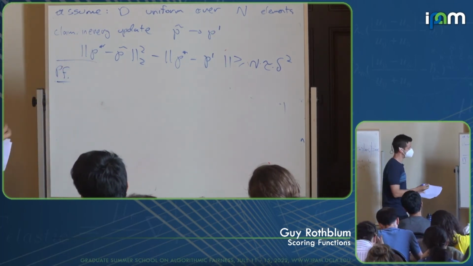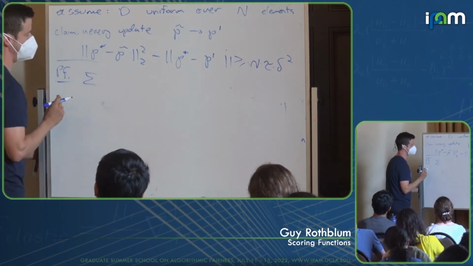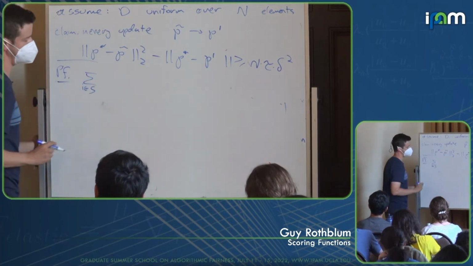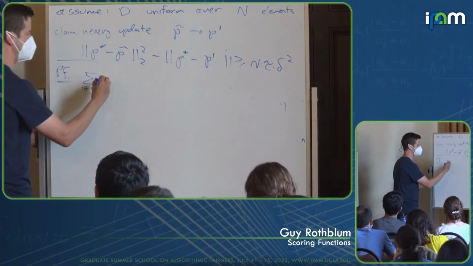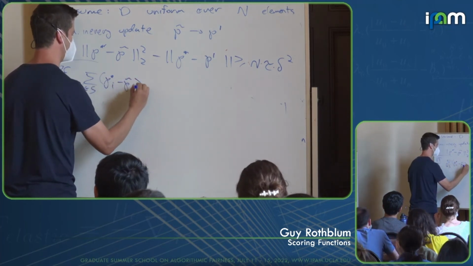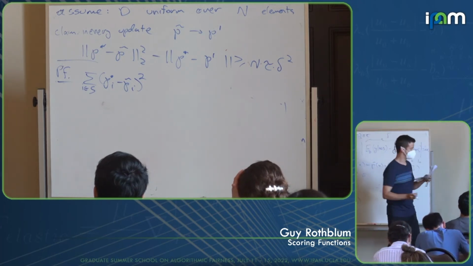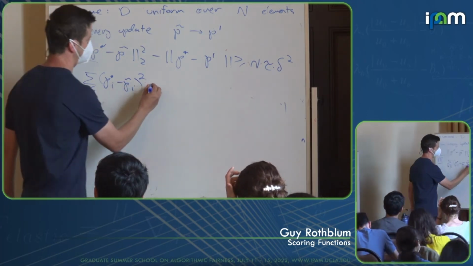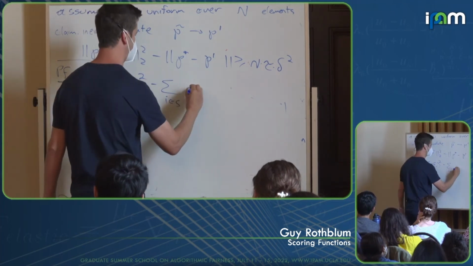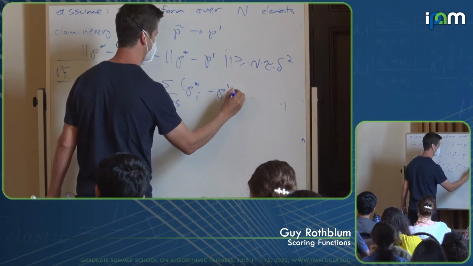Well, let's open it up. What's the squared L2 distance between p star and p tilde? That's just the sum over all the individuals i in the set S of p star of i minus p tilde at i, squared. Right, and let's open up the other expression for p tilde prime. So similarly, we just have p star of i minus p tilde prime at i, squared.